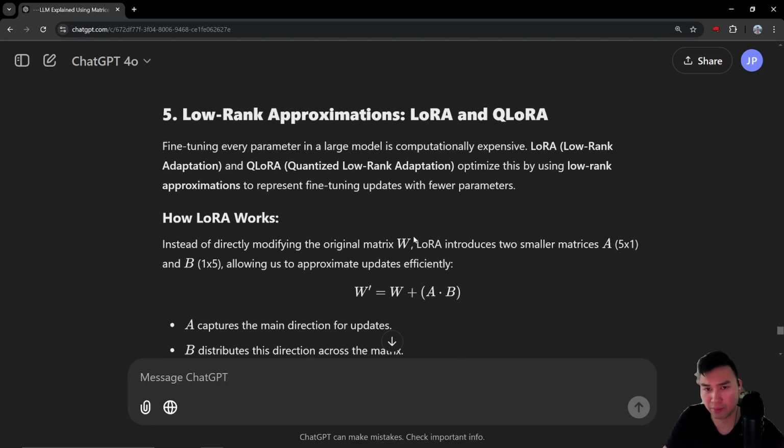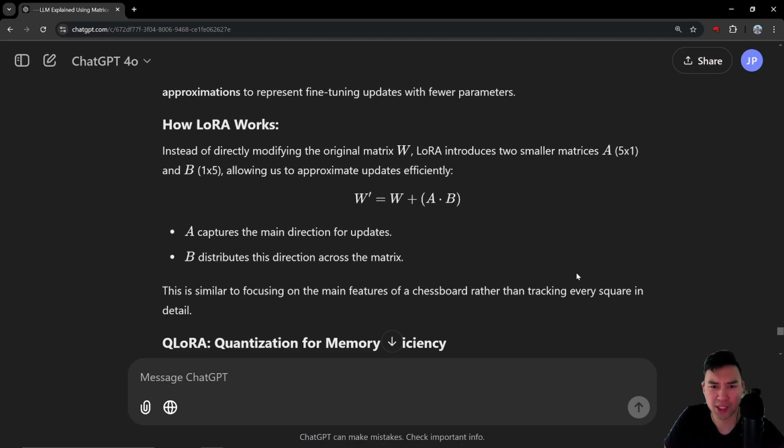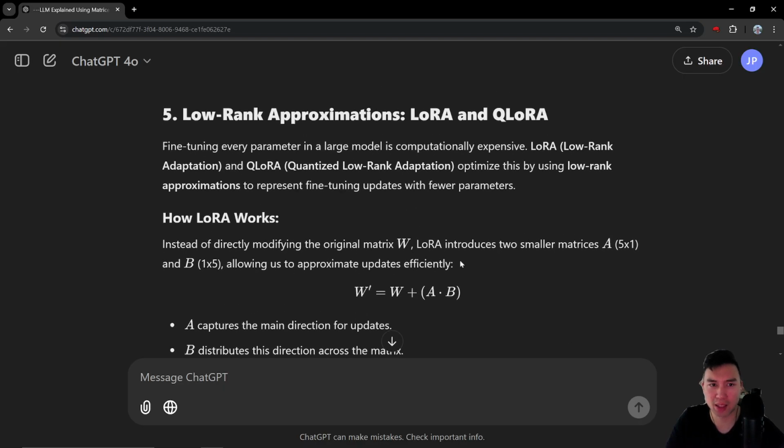In my video yesterday, I went into low rank adaptation and quantized low rank adaptation, but I didn't go into the math behind it. These are different fine tuning techniques. Fine tuning every parameter in a large model is computationally expensive. Let's say, for example, you're adjusting an 8 billion parameter model. That's 8 billion different parameters you have to adjust, right?